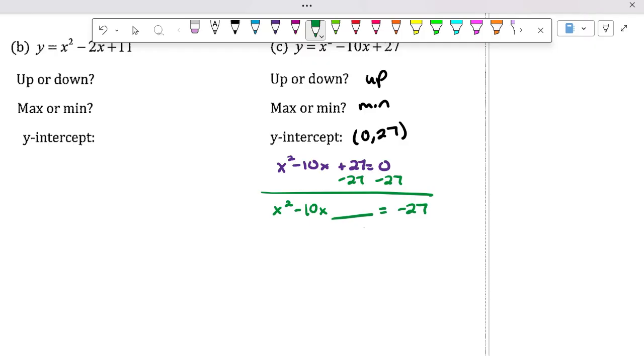Caden, what do I do next? Right, so I'm going to add negative 10 over 2 squared, so b over 2 squared to both sides. And Caden, what is b over 2 squared in this case? So what's negative 10 divided by 2?